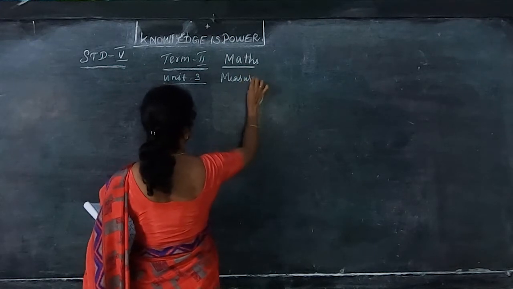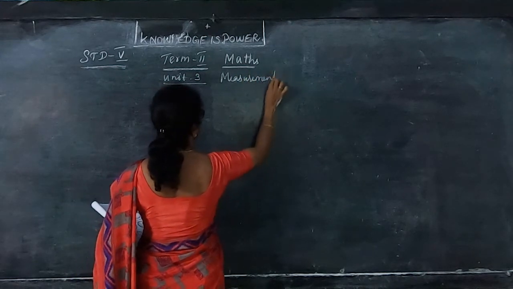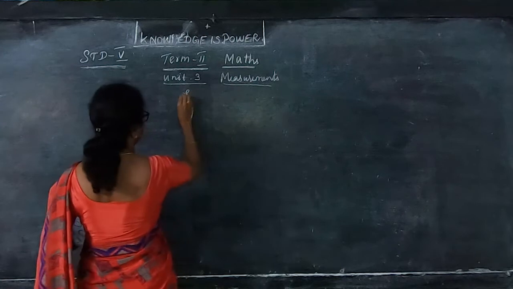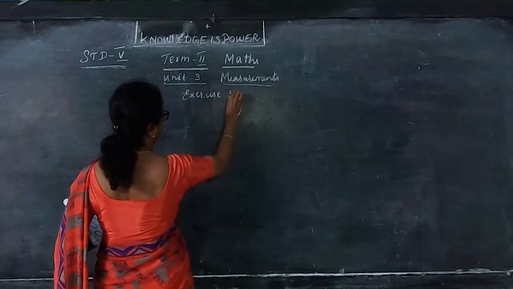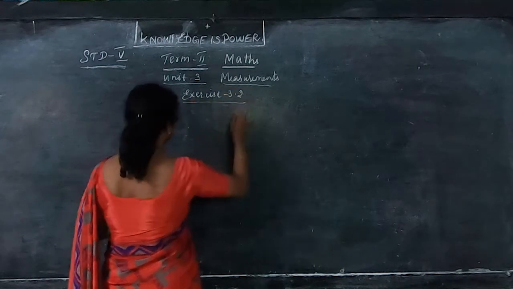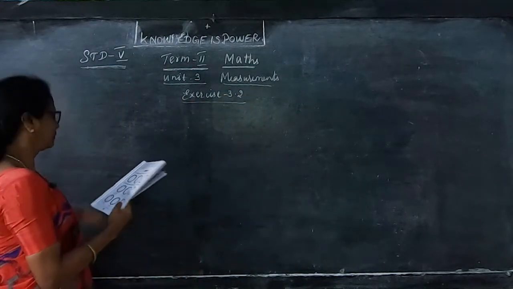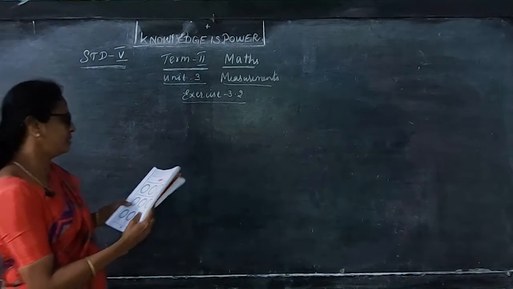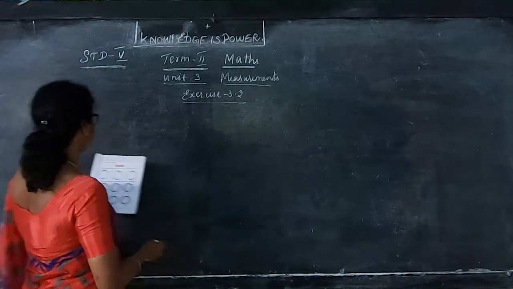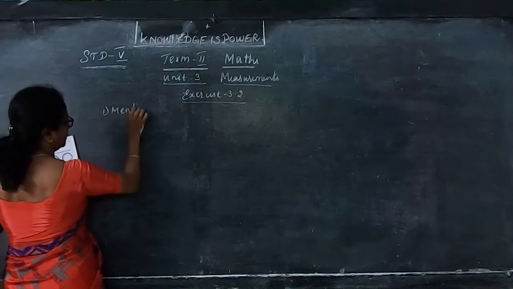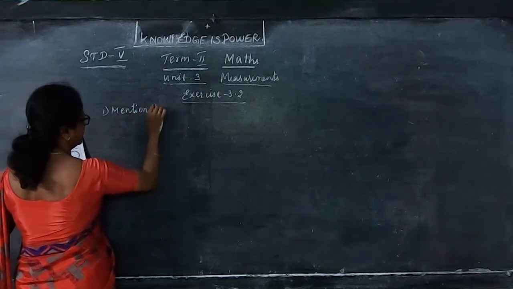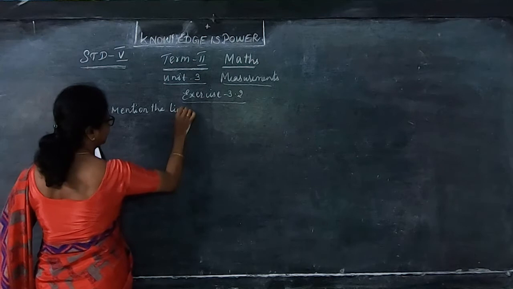So same, the 3.2 exercise is there. Exercise 3.2. So in this, mention the time in the clock when the angle is 180 degree. You have to mention the time in the clock.